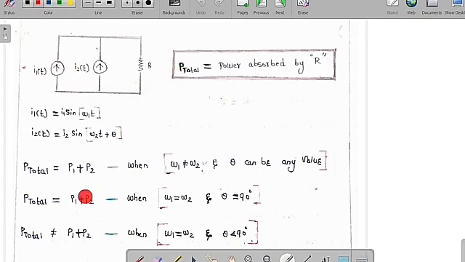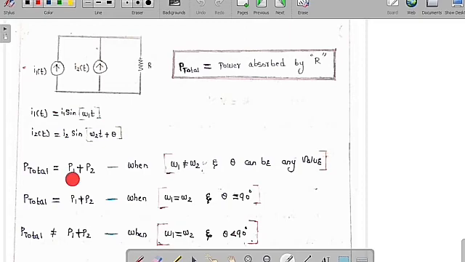See, these are some of the important relations: power total is equal to P1 plus P2 when omega 1 is not equal to omega 2, and theta can be anything. When the two frequencies are not equal and theta can be anything, P total is equal to P1 plus P2.